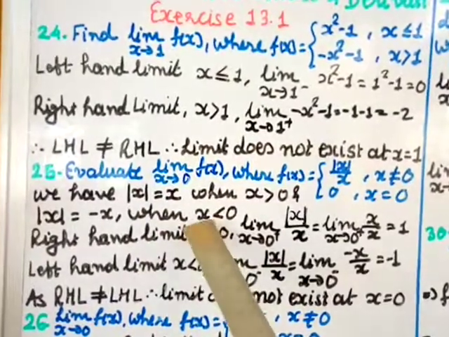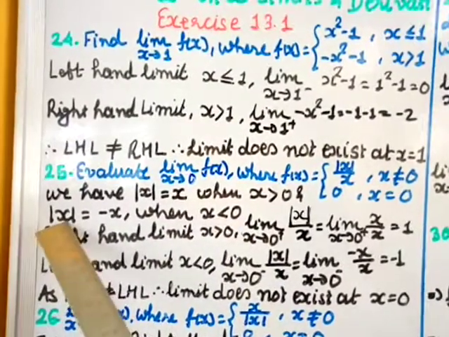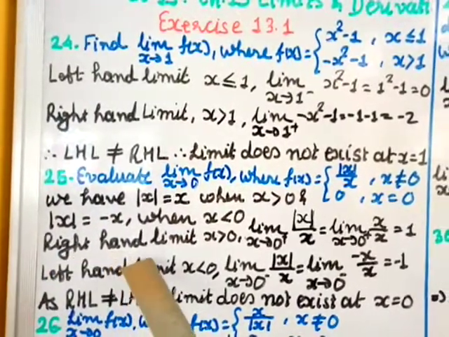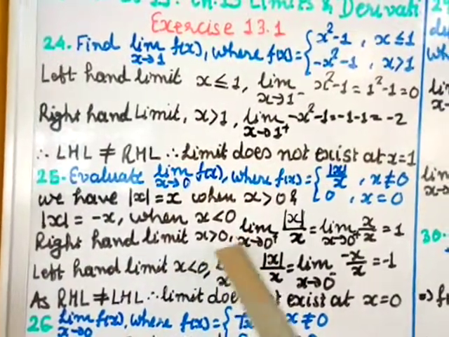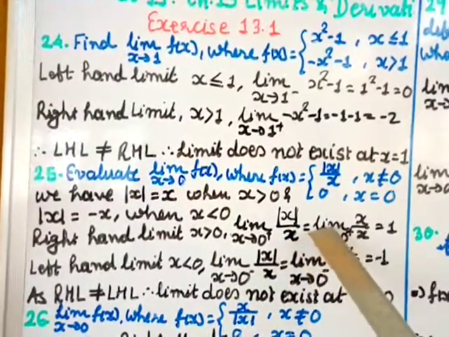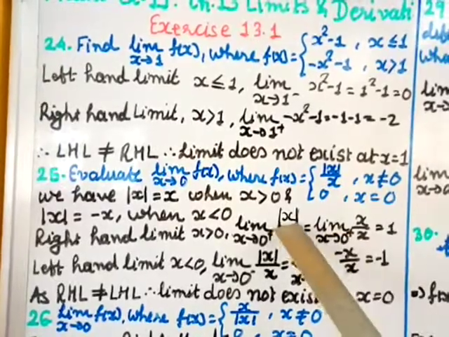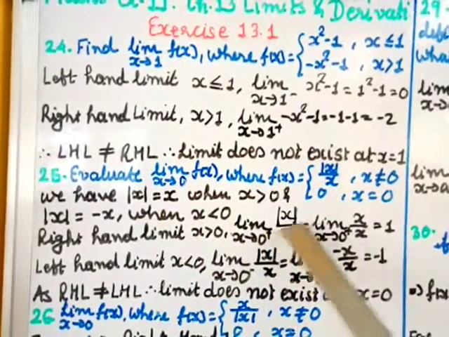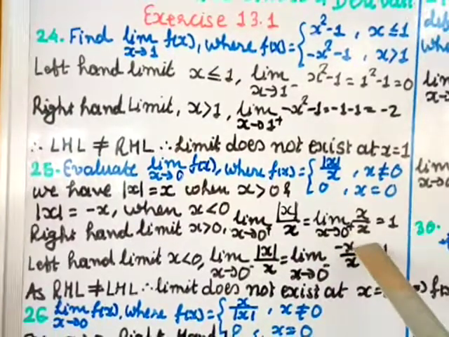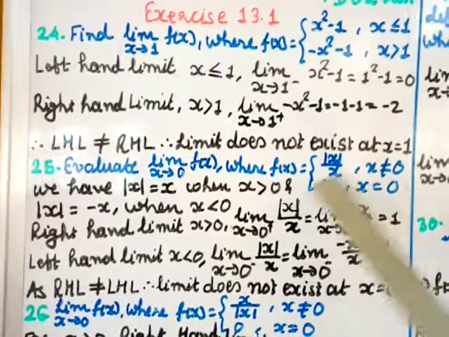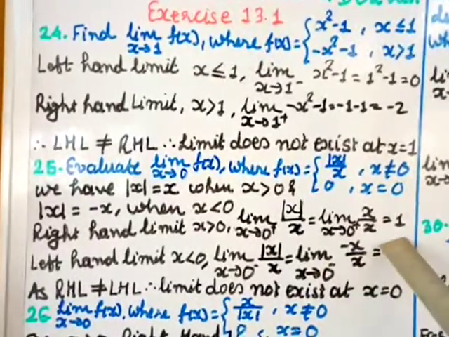And when x is less than 0, modulus of x will be minus x. Now let us check the right hand limit. For x greater than 0, limit x tends to 0 plus modulus of x by x equals limit x tends to 0 plus, x greater than 0, so we take x as positive. So this is x divided by x, x by x is 1, and 1 is a constant, so limit of this function will be 1.